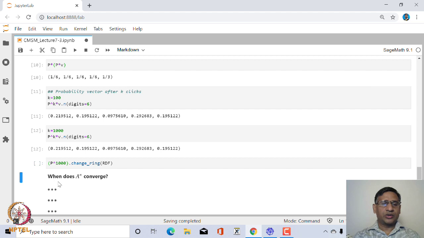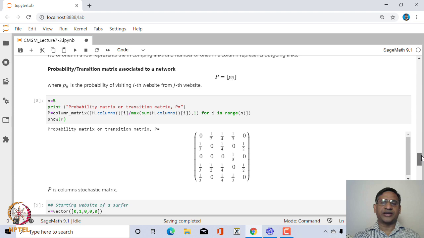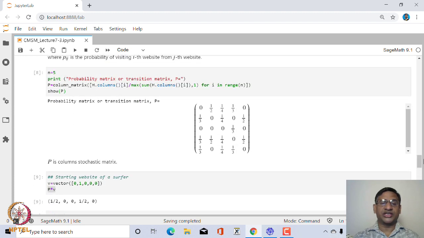Next, now in this case what it amounts to is finding very large power of this matrix P. Now this is only a network with 5 websites, but in general, as I mentioned, there are about 400 million websites which are active currently.